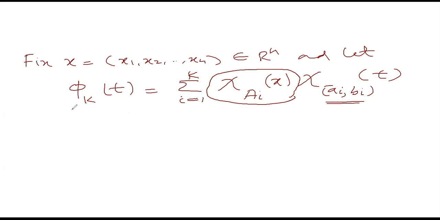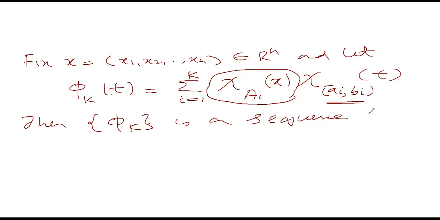Then this phi k is a sequence of step functions such that, it's an increasing sequence.